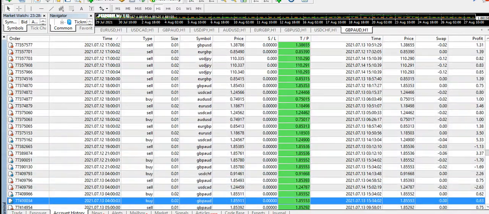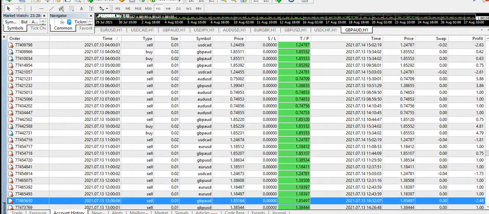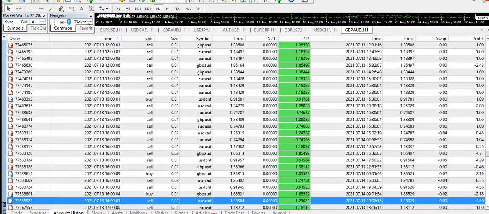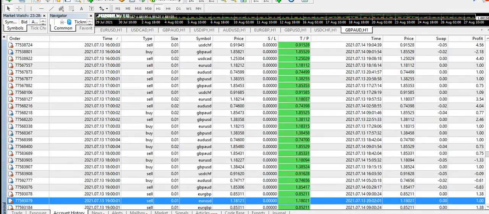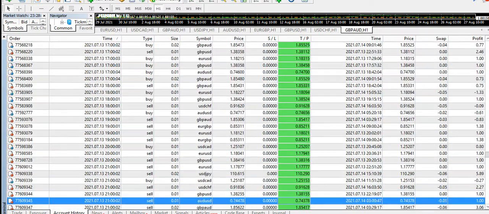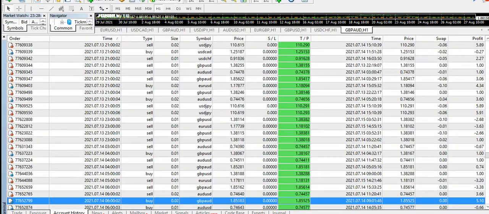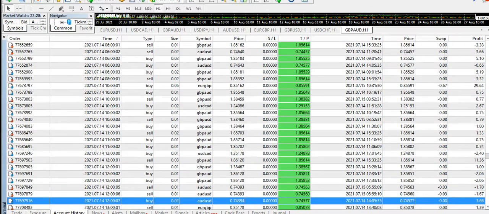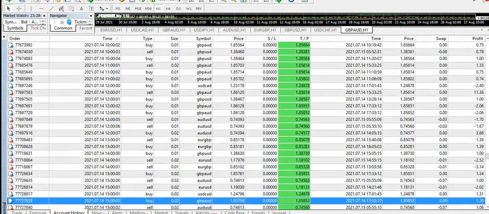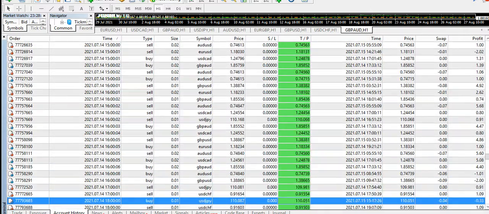As I said, I prefer a mix of USD and non-USD pairs in different combinations, like USD JPY, USD CAD, or USD CHF, or either Euro USD or GBP USD. Like one each of these, and one or two non-USD pairs, either GBP AUD, or maybe Euro GBP, or maybe GBP JPY, whatever.